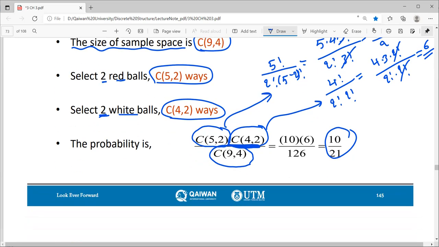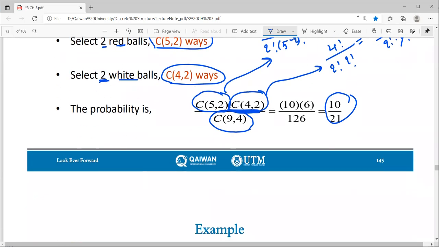Okay. And the combination of 9 and 4 equals 9 factorial dividing by 4 factorial times 9 minus 4 factorial, which is 5 factorial. It equals 9 times 8 times 7 times 6 times 5 factorial dividing by 4 factorial times 5 factorial.